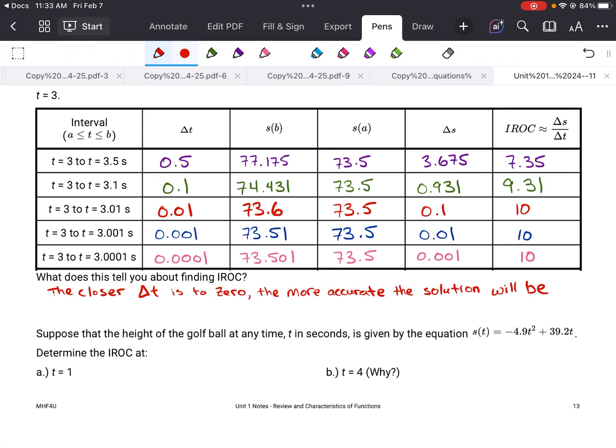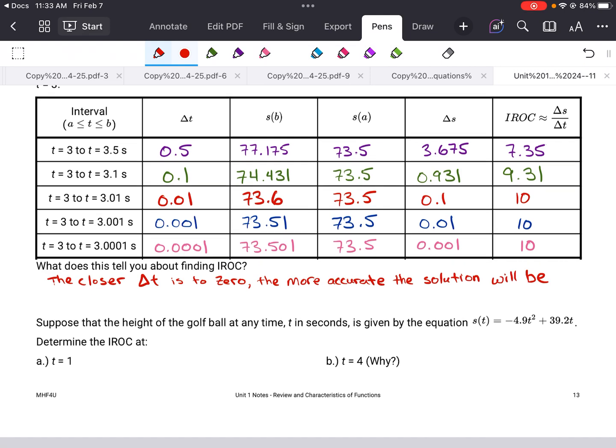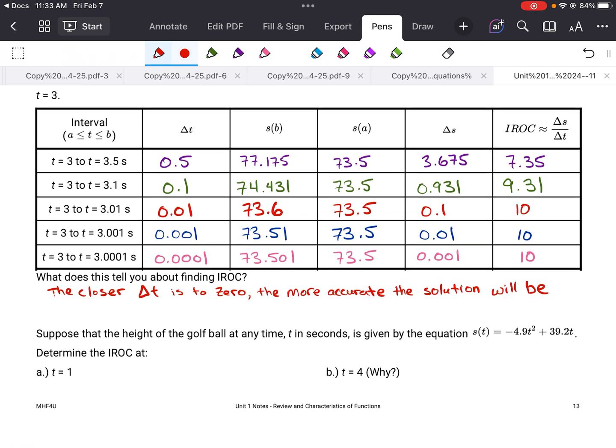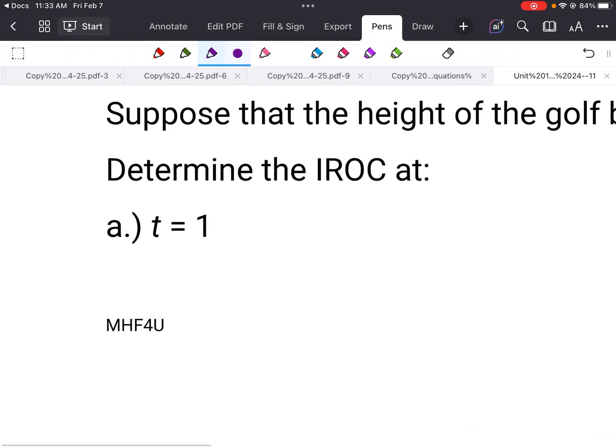Okay, not a lot of room here, but suppose that the height of the golf ball at any time t in seconds is given in the equation we've been working with. Determine the IROC at 1 second. I'm just going to quickly go through this. At 1 second, we have negative 4.9. Remember, the h that I'm adding is 0.001.